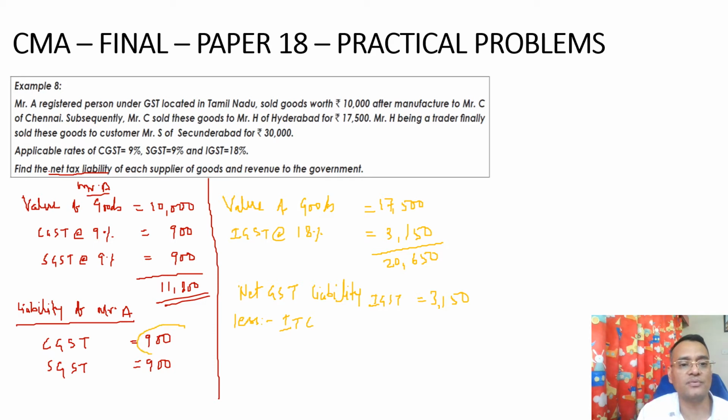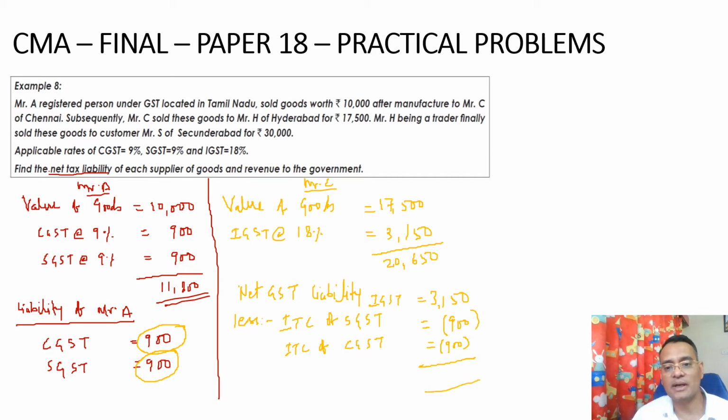This 900 rupees of CGST and 900 rupees of SGST will be available to Mr. C. So ITC of SGST 900, ITC of CGST 900, because CGST or SGST can be used for payment of IGST.